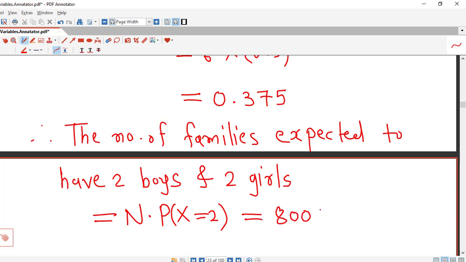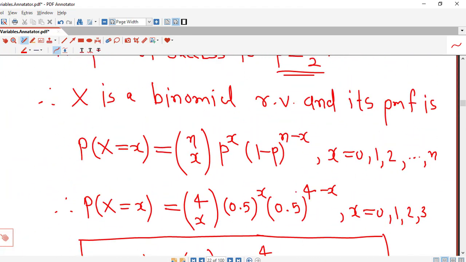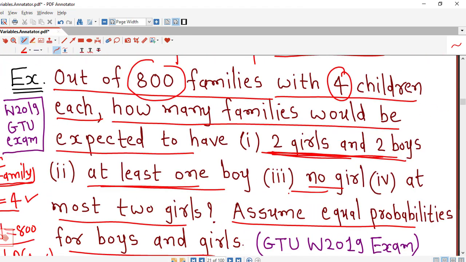Capital N is 800 and this probability is 0.375. So if you multiply these two, you will have 300. So there are 300 families expected to have 2 boys and 2 girls. Okay, so in the first part we are asked to find the number of families expected to have 2 boys and 2 girls. So the number is 300.